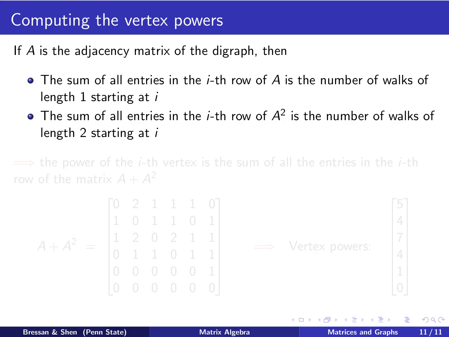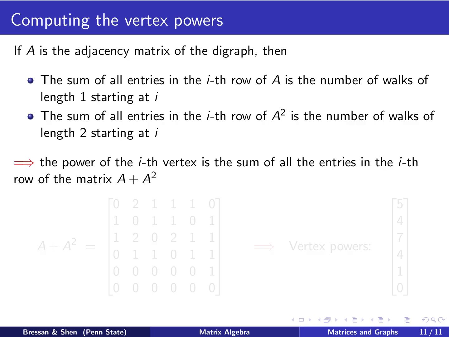And then if you compute A squared, and sum up all entries in the ith row, that will mean the number of walks of length 2 starting at i. So now it is clear that the power of the ith vertex is the sum of all the entries in the ith row of the matrix A plus A squared.